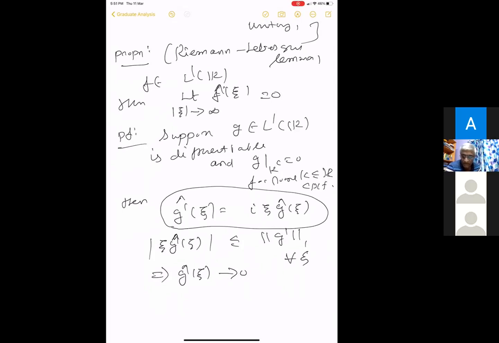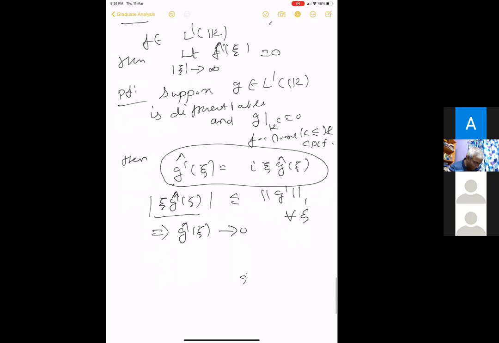Any continuous function on a compact set is integrable. Now you take the Fourier transform of G prime, which is i psi times G hat of psi. The Fourier transform of any L1 function is bounded. So psi times G hat of psi is bounded in psi, and that implies G hat of psi has to go to 0. That's all.